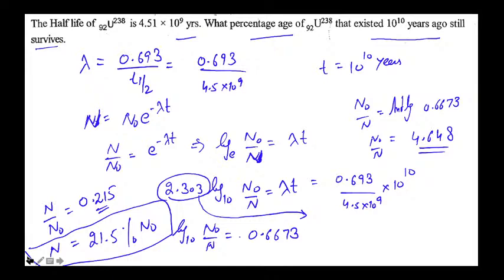So moving toward the next question: the half-life of a radioactive substance is 5 hours. What will be its one-third lifetime, that is, how much time until only one third remains?